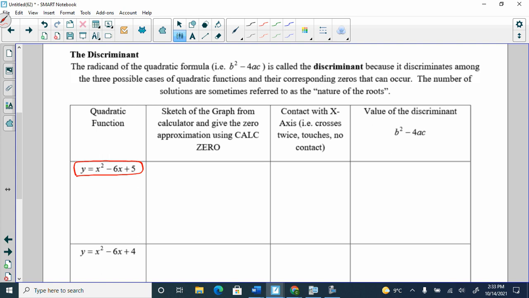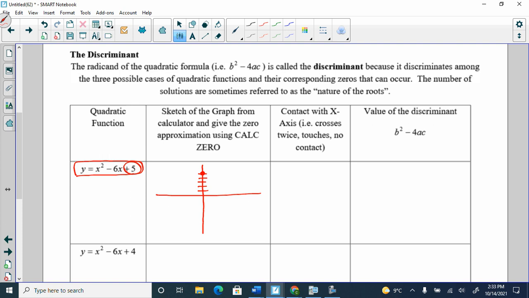If I want to do an accurate sketch, I'll show you how I would do the first accurate sketch for myself. I know this is my what? My y-intercept, because it's in standard form, correct? So I know my y-intercept is at 0, 5.